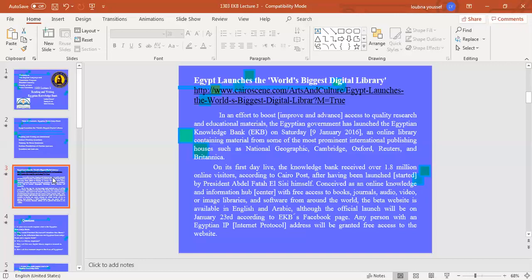So 1.8 million, that means almost 2 million people, visited the site on the first day it was introduced on the internet. And who gave us this piece of information? The Cairo Post.